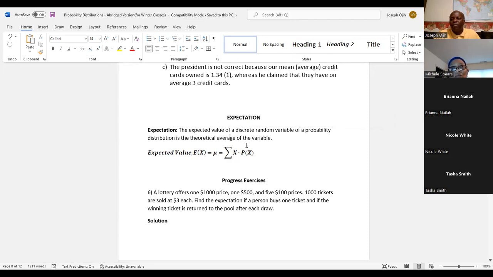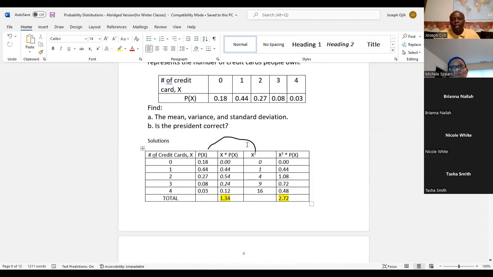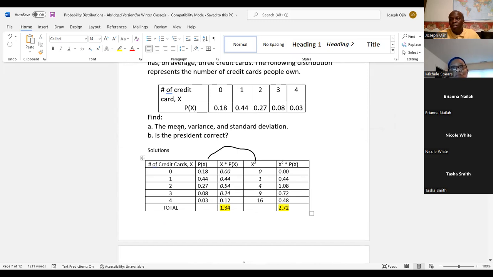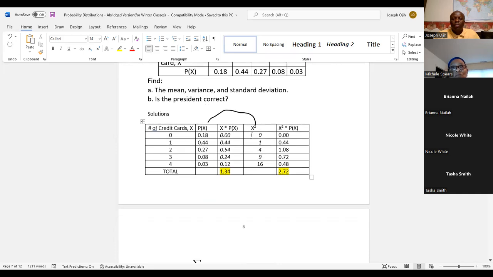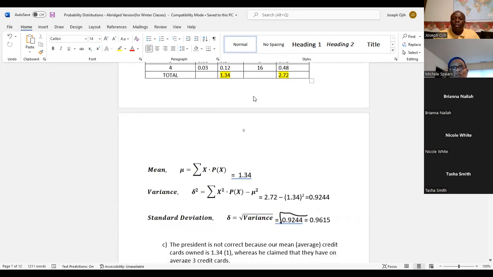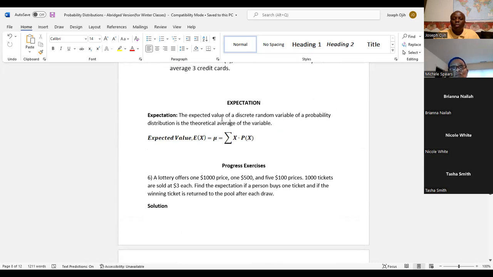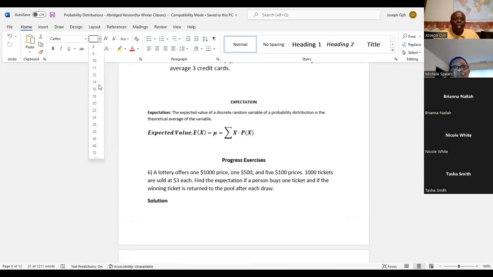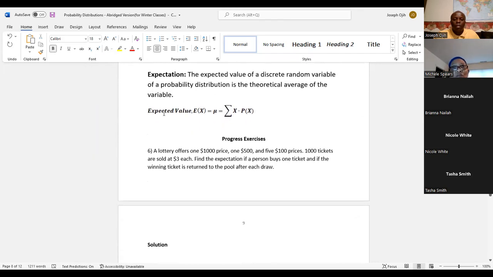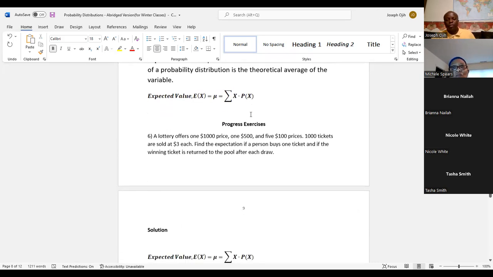Just like asking you to find the average, which you just did. Here, they asked us to find the mean, variance, and standard deviation. Under expectation, they want you to find only the average, and that average is what we call the expectation or the expected value. And the formula is mean, which is average, equals the sum of x times the probability of x.